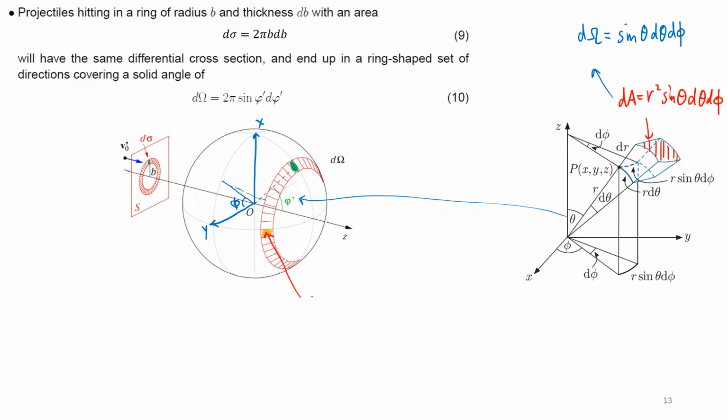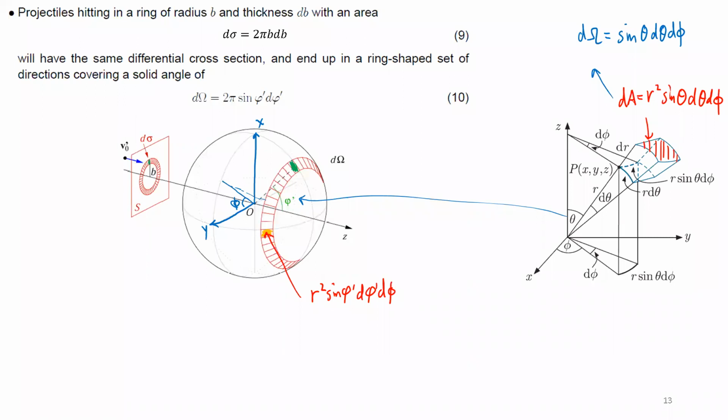If I am labeling this area, this is the dA, which is r² sin φ′ dφ′ dφ. See how it is slightly different than this one, because I'm using φ′ here, and this one is using θ. So this is sin φ′.